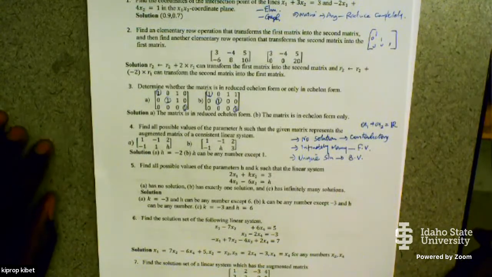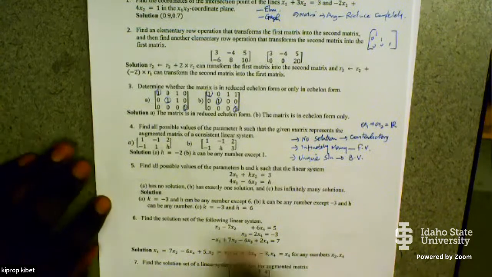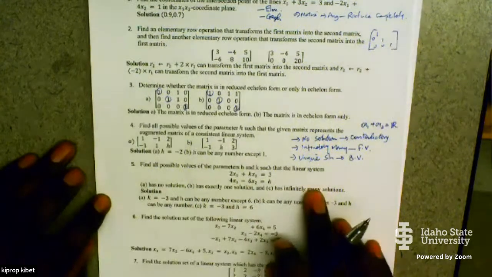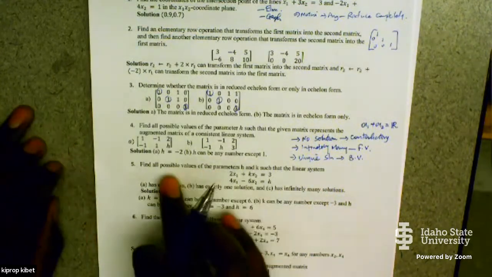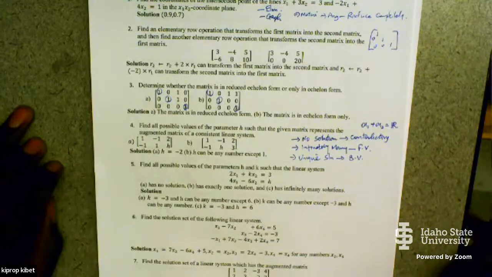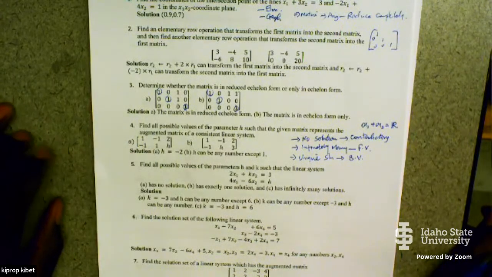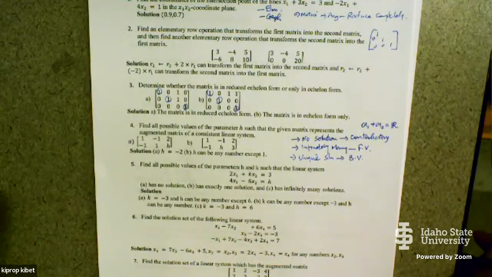Any question up to the, oh, it was actually number 5. So number 4 is find all the possible values of h such that the given matrix is consistent.